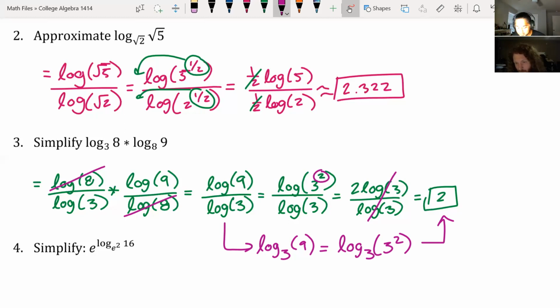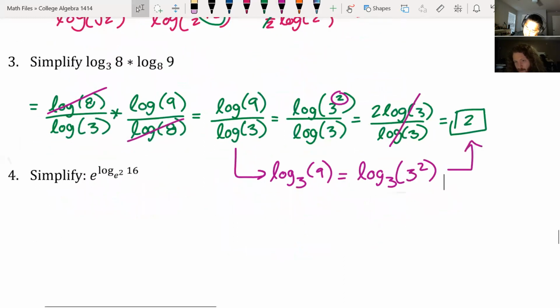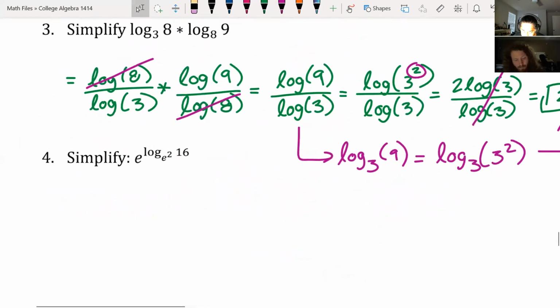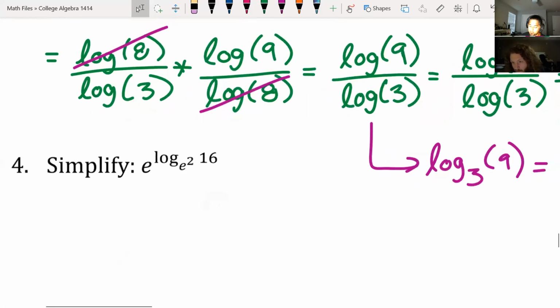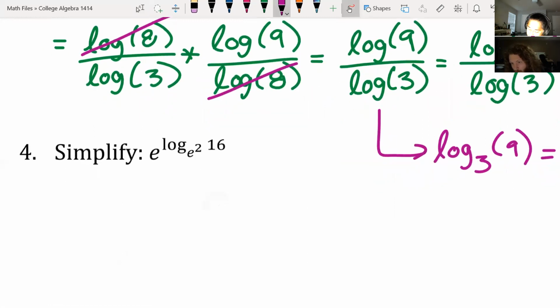All right. Again. 4. Simplify e raised to the log base e squared of 16. Oof, we got some cleaning up to do.